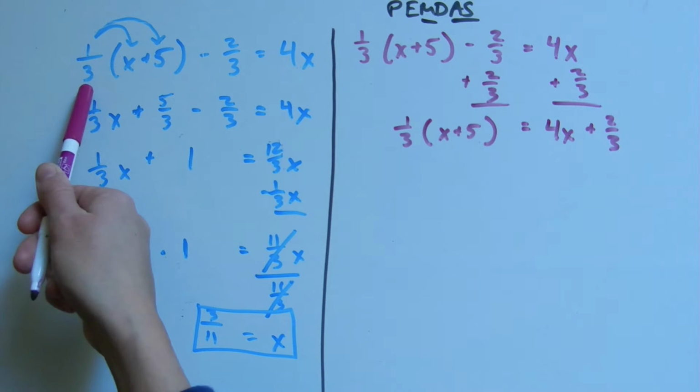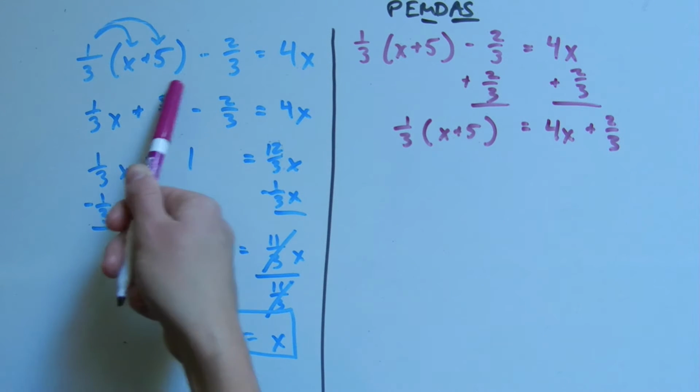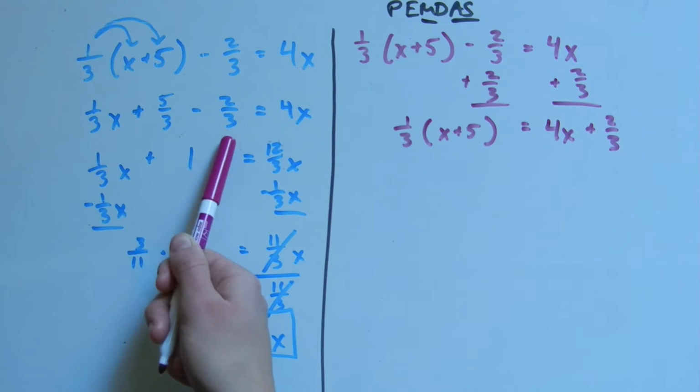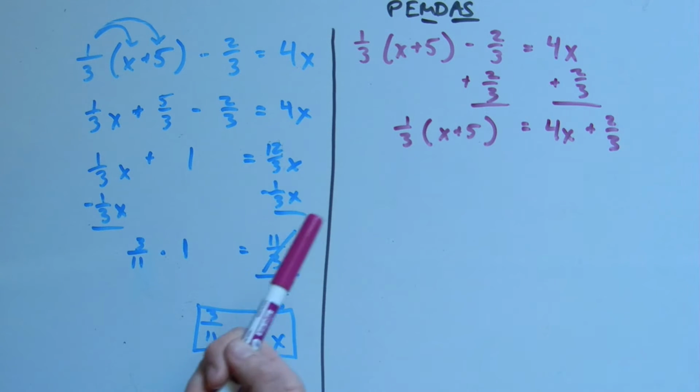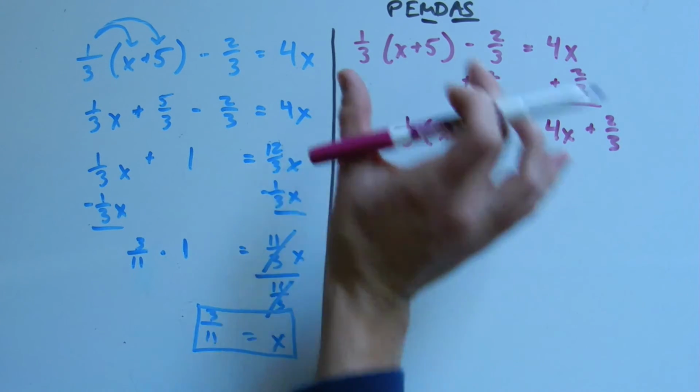We used the distributive property to expand this out. And then we did our addition and subtraction and then moved on to our division. Here, we're starting with the addition and subtraction, so we're not expanding anything out. We're leaving it in a simplified form.